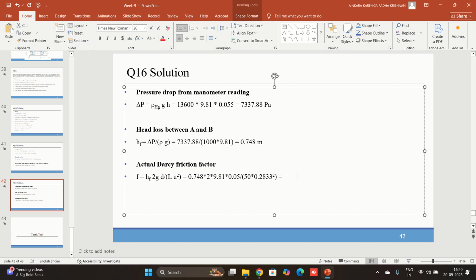Now we have to calculate it. I'll just remove this. So it is 0.748 into 2 into 9.81 into 0.05 divided by 50 divided by 0.2833 square. Oh, something is wrong.